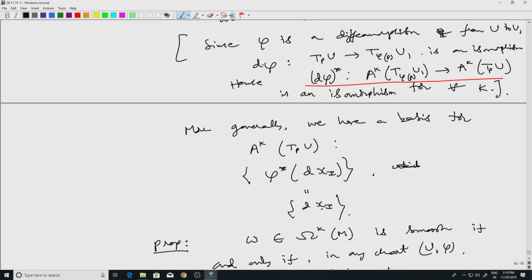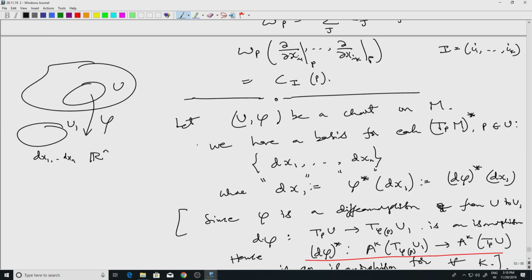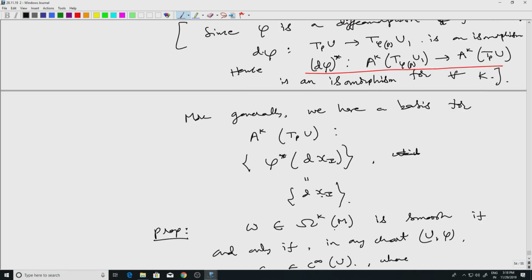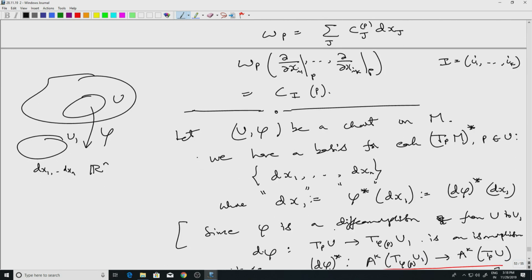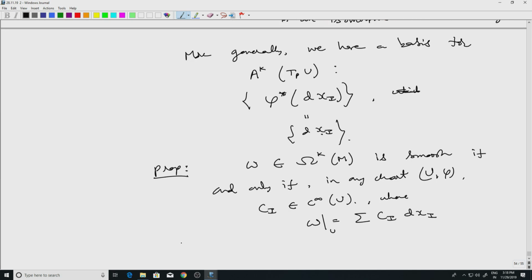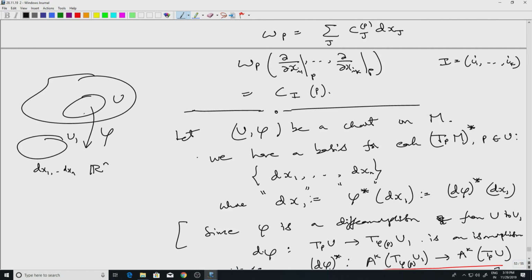So I won't prove this, and I mean the proof, there's nothing much to prove. Essentially, we have proved the statement for open subsets of Rn, and what we have to observe is that when we have a diffeomorphism, the smooth forms will go to smooth forms. So you pull back, essentially, if you start with the smooth form on the manifold restricted to the open set, then you pull it back to U1 using phi inverse, which goes in the opposite direction.